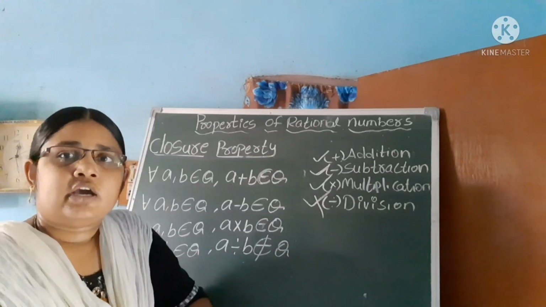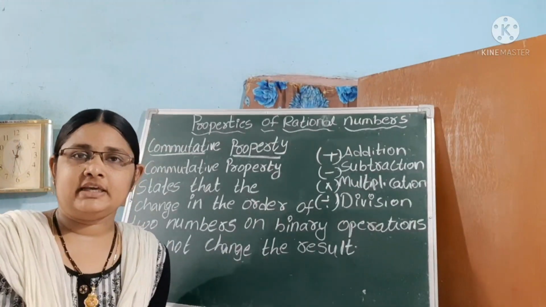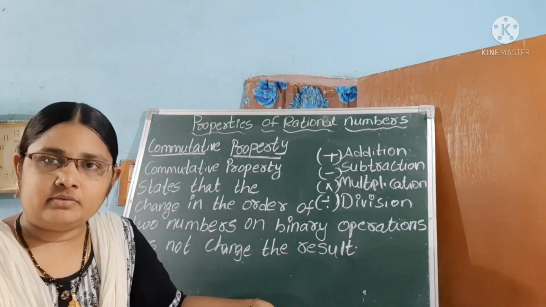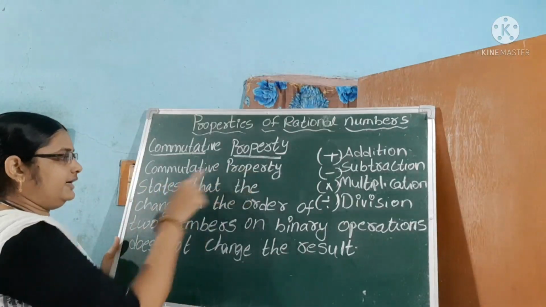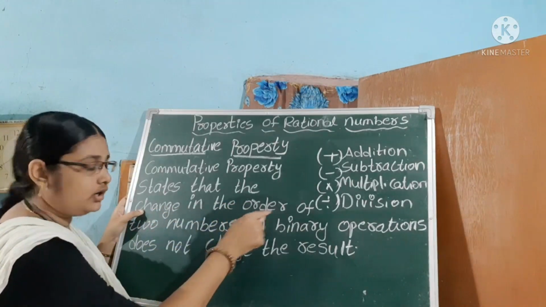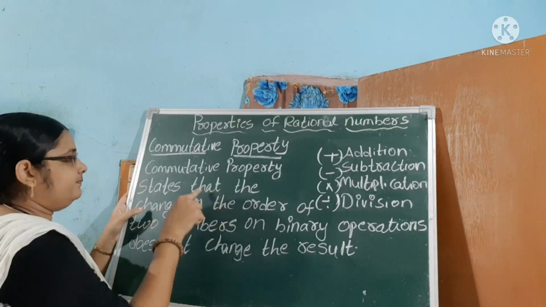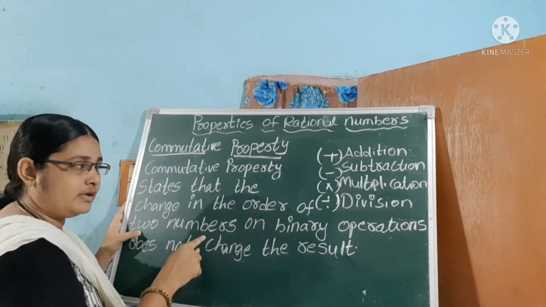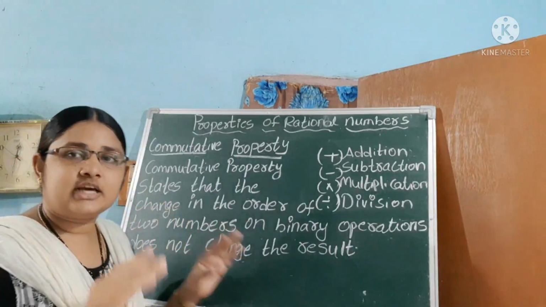And the second one is commutative property. Second property is commutative property. Okay, so what is meant by commutative property? Let us see. Commutative property states that the change in the order of two numbers on binary operations does not change the result.